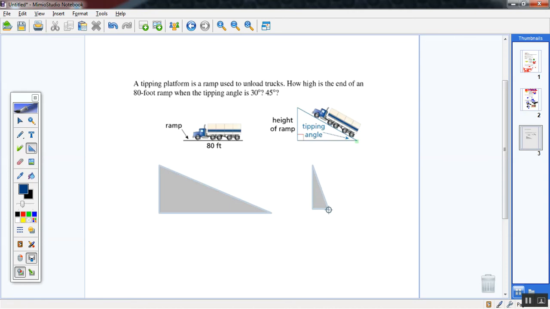Draw one that looks like this. Okay. Let's do the 30-degree angle one first, kids. Have a 30-degree angle, and then the other angle is going to be what?